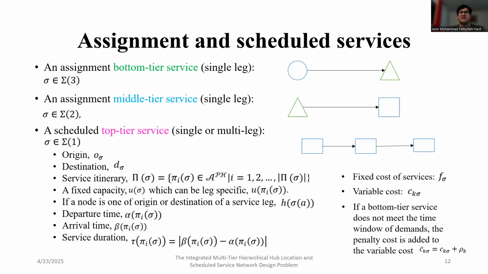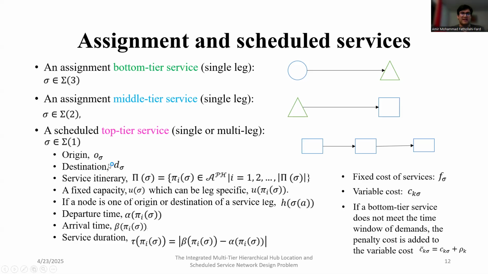We have middle tier services, which provide an assignment between a secondary hub and a primary hub. And we have scheduled top tier services, which provide the transportation between the primary hubs.